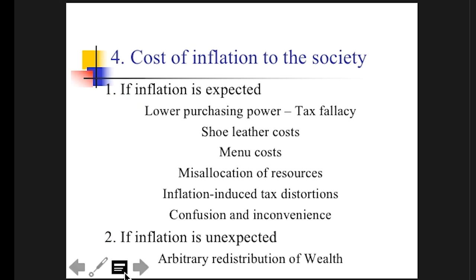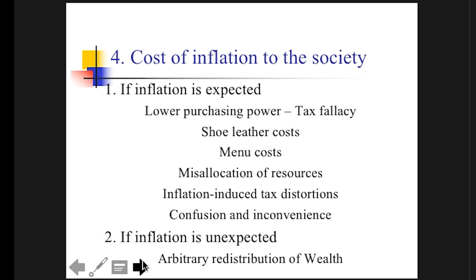In another case, when inflation is unexpected, it happens unexpectedly. Even when we have the contract, we expect the inflation, but actually, the inflation may be different from the expected inflation.